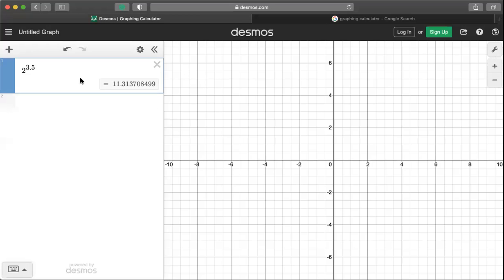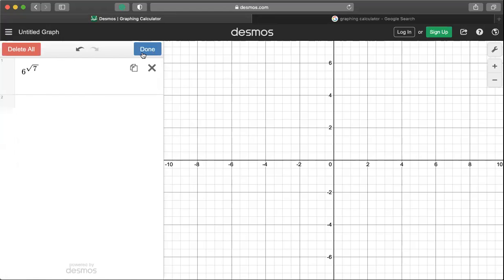But I'm going to switch over to this one, and I'm just going to put 6 to the, I'm going to type SQRT, and that'll give me the square root. When you have Desmos like this, you can just type SQRT and hit 7. But I think they also have some stuff over here where you can type in, maybe it's down here.